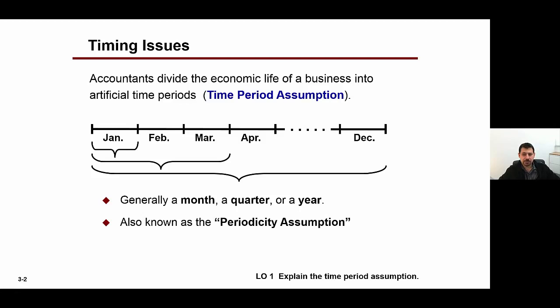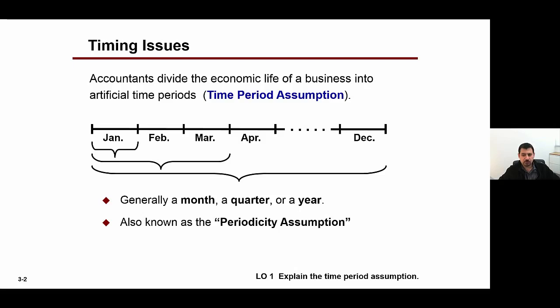If we could wait until the end of the life of a company, everything would be easy and clear, so we wouldn't need to make any adjustments. But because of these time periods, we need to provide periodical statements, and as a result, sometimes we may need to make certain adjustments. Take, for example, the management's needs for monthly reports.